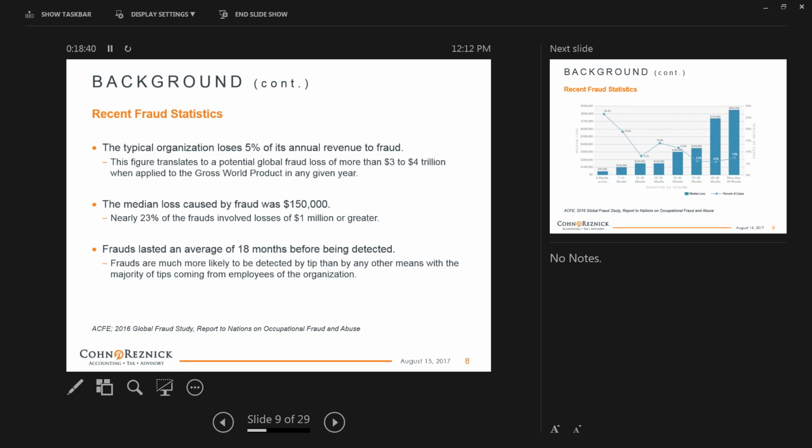Top line. So just think about that for a second. The median loss or theft for each fraud is approximately $150,000. And the fraud typically lasts about 18 months. And we'll talk a little bit about the types of fraud and who perpetrates them and how long they last in a couple of slides.